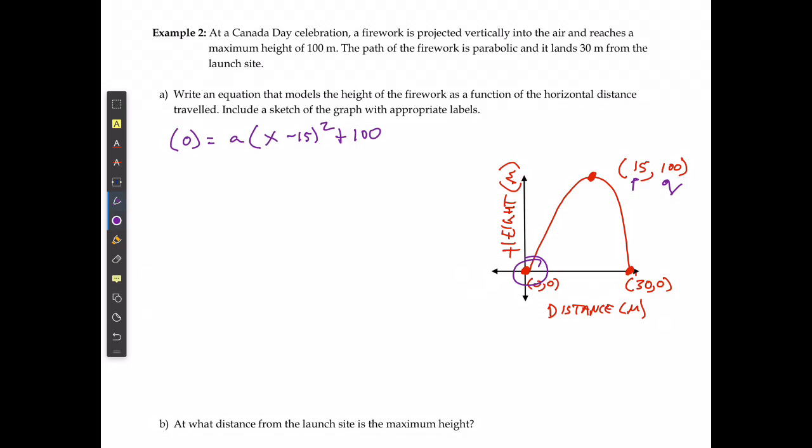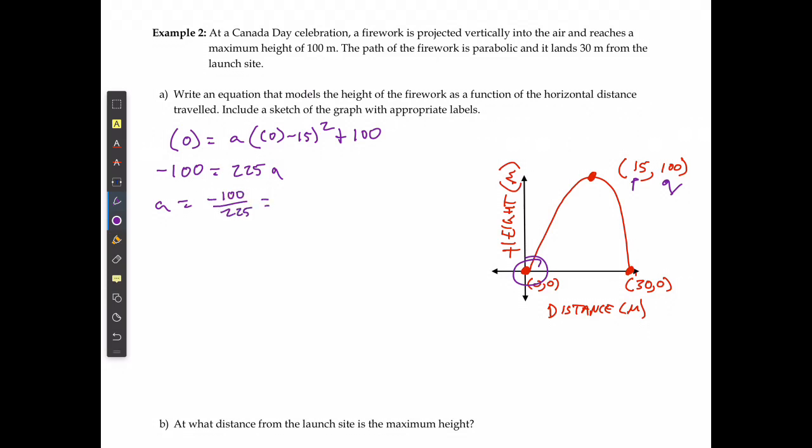Which means that negative 100, the x is going to be 0 as well. Negative 100 is going to equal a times negative 15 squared, which is 225a. Which means that a is going to equal negative 100 over 225.